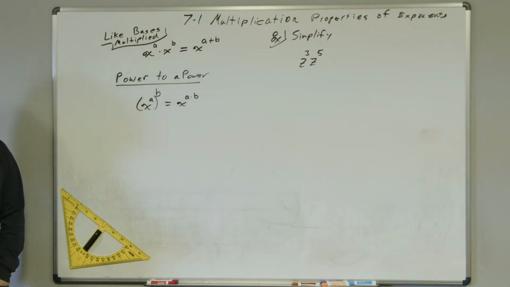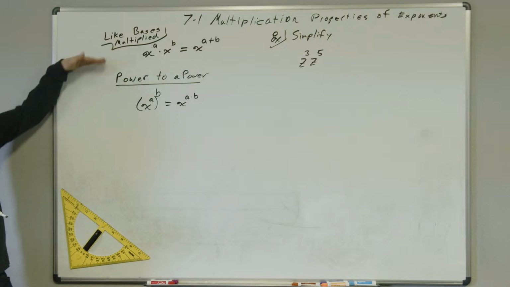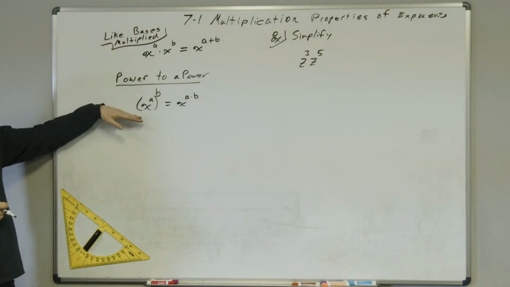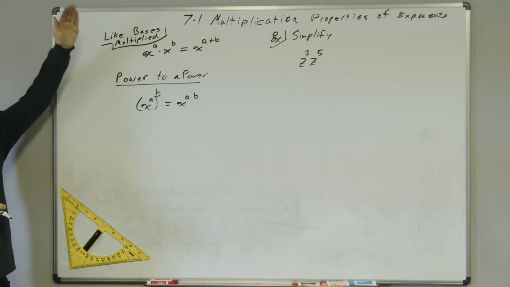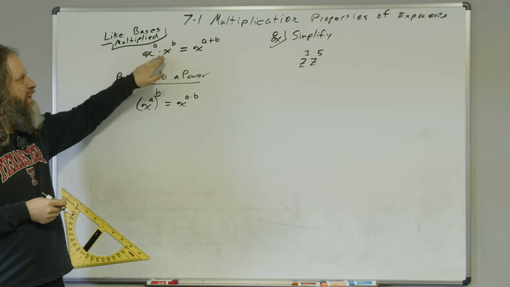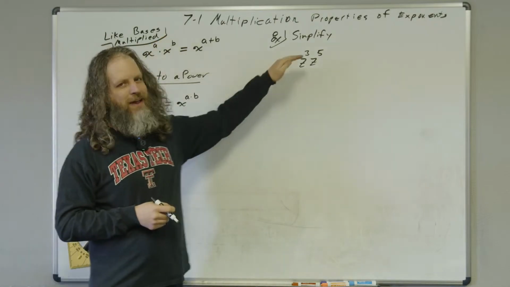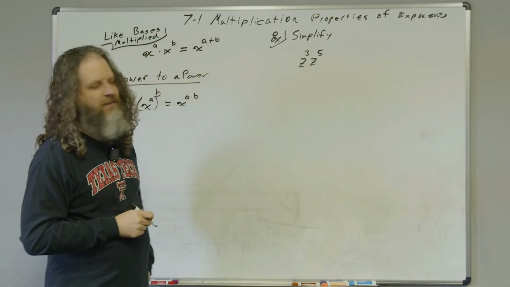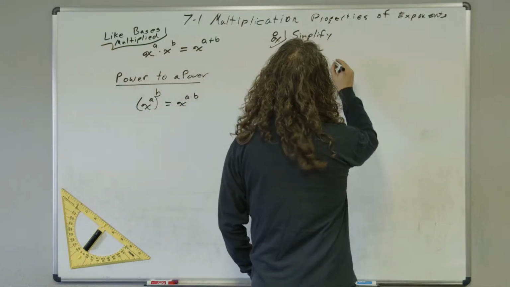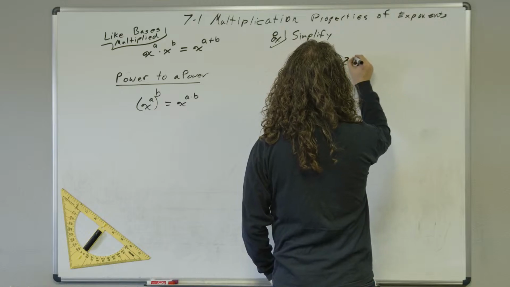Which one of these two are we doing in this problem? No, that's not Z cubed to the 5th. This is Z to the something times Z to the something. So what are we going to do with those exponents? Add them. So this would equal Z to the 8th.